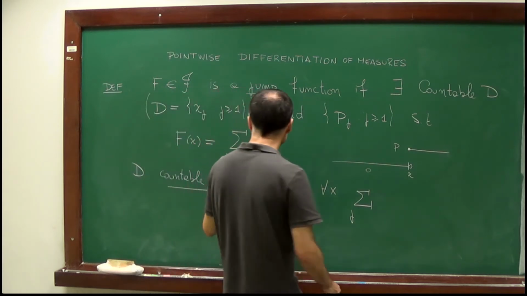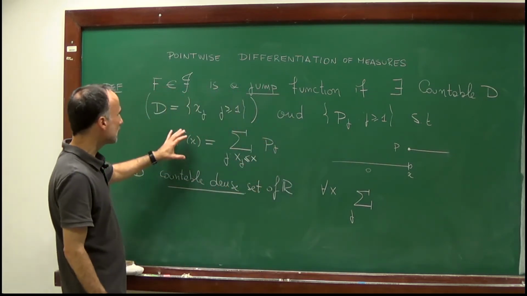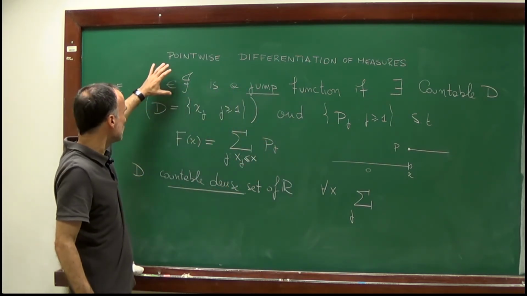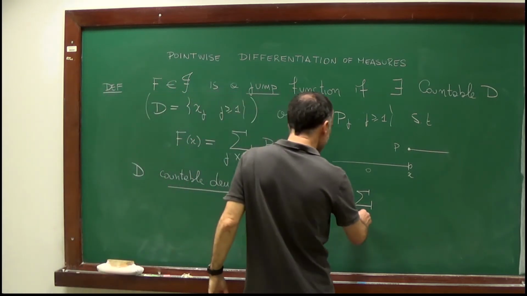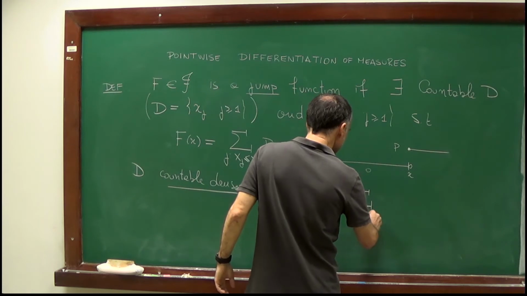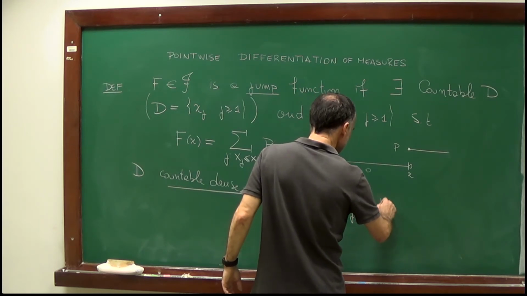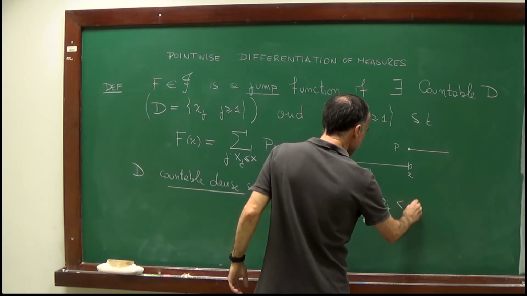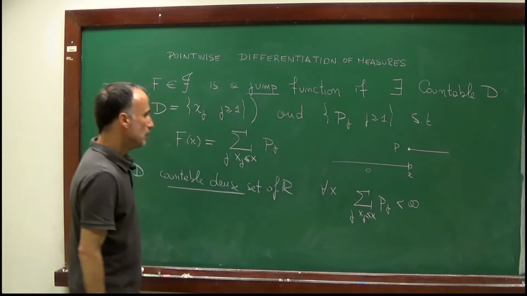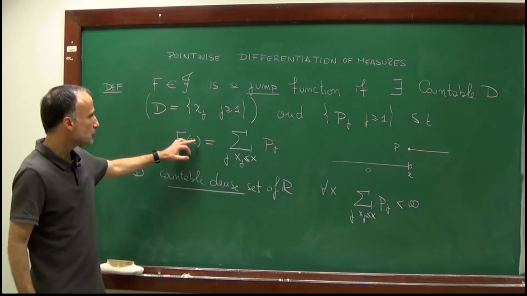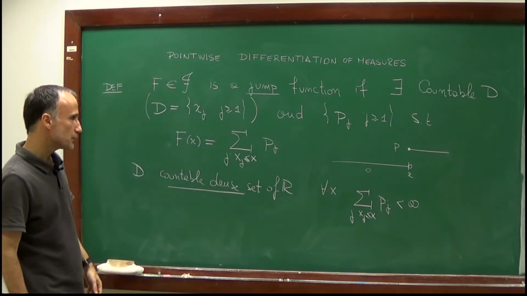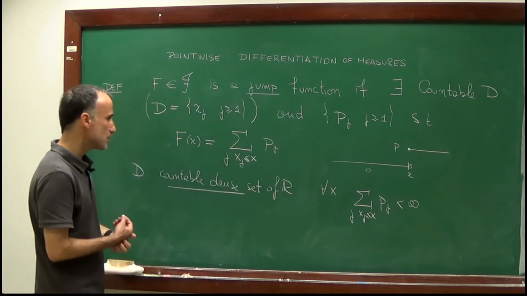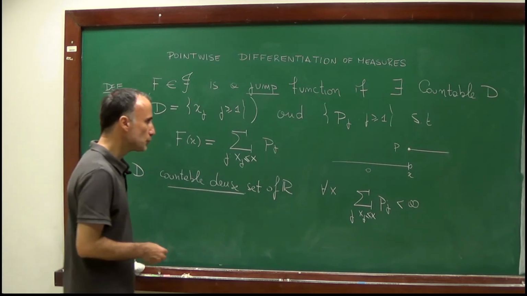I didn't state that, but let me add this assumption to ensure that my function f belongs to F. Otherwise, f(x) would be infinite, and I would have a function outside of this set.